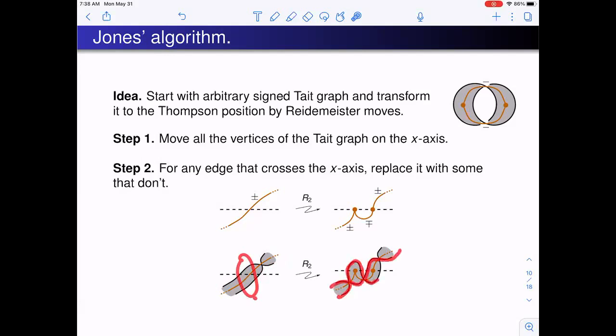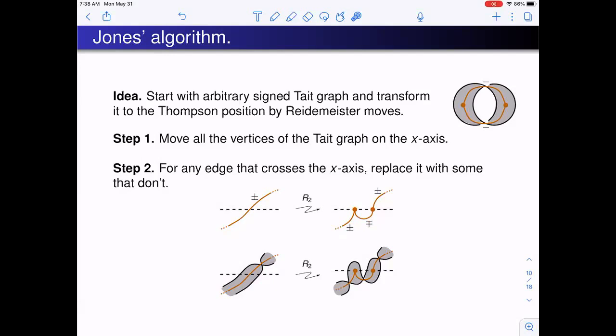And if I do this, I will get two extra black regions in my checkerboard coloring, so two extra vertices on the Tait graph, and I can do it so that the sign will be like that. If that was plus or minus, then the output is also plus or minus, and it is plus or minus here, but the middle one will be minus plus. So I can do it underneath or overneath, that second Reidemeister move. So that is the other one.